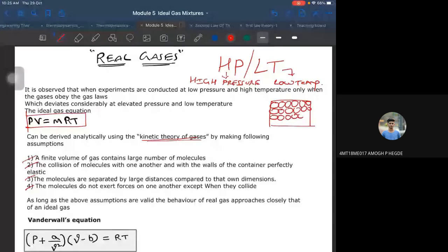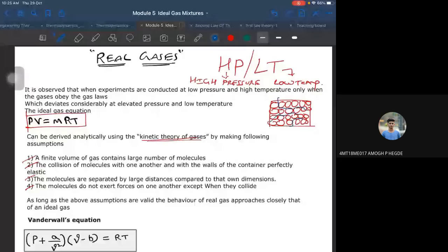That means it is completely packed. Practically it is not possible, because the molecules will move away from each other. There is a huge amount of gap between the molecules. That was your first assumption.